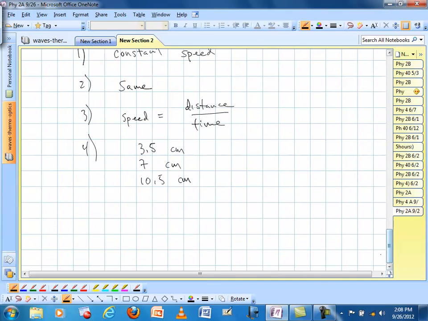Okay? Because every 1/20th of a second it traveled the same distance, 3.5. How far would it travel in 1/10 of a second? One second.